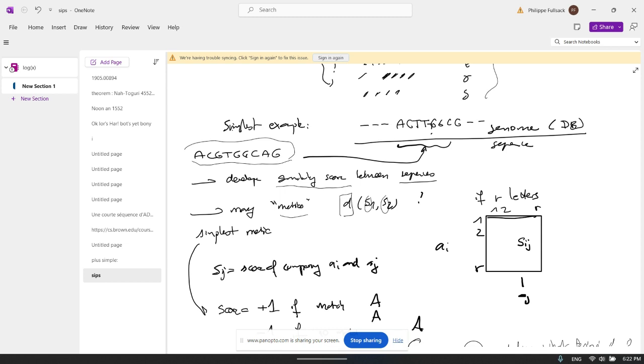For example, if you have R letters, for example 20 amino acids, then R would be 20, and the scoring would be totally determined by a scoring matrix that would be 20 by 20. Basically, we would write Sij for the score of comparing letter Ai to letter Aj.